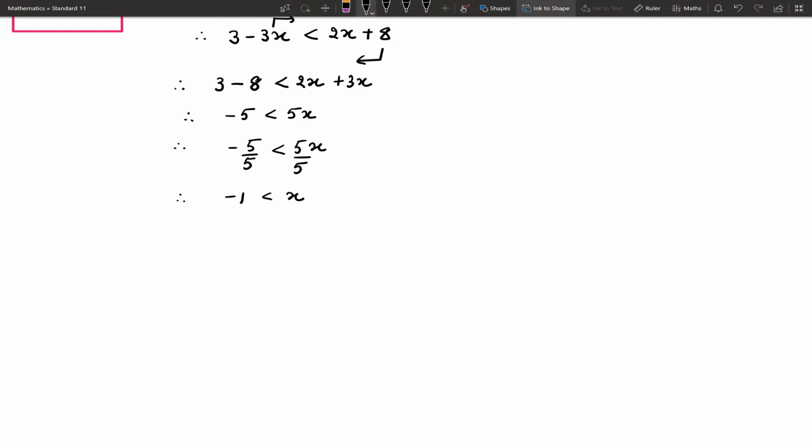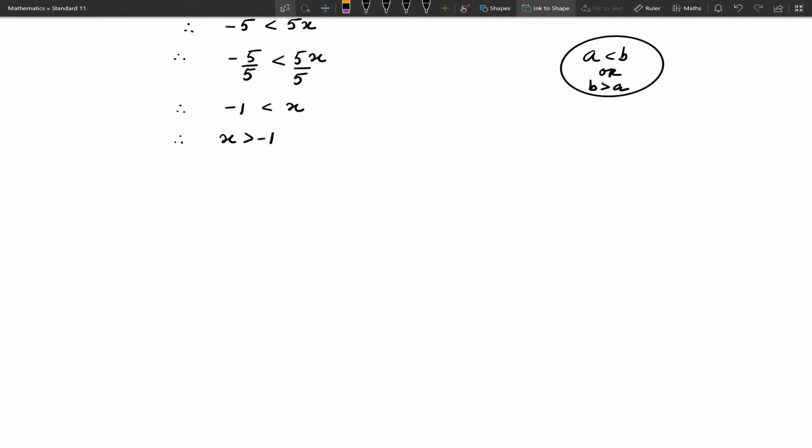You note that it is a strict inequality. Also, if we write a less than b, at the same time we can write b greater than a, so this can be written as x greater than minus 1. So the solution set is the open interval minus 1 to plus infinity.